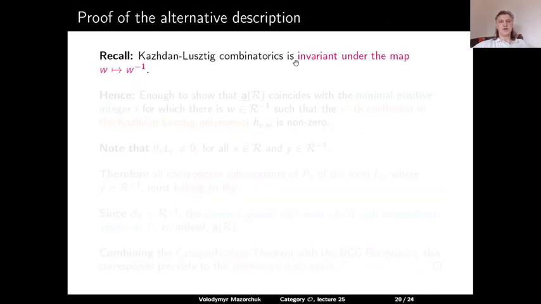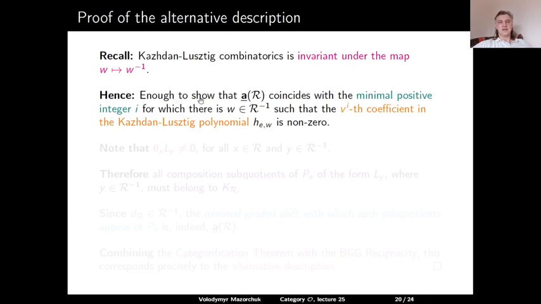Recall that Kazhdan-Lusztig combinatorics is invariant under mapping w to w inverse, and hence it is enough to show that a-underline of R coincides with the minimal positive integer i for which there is w in the left cell R inverse such that the v^i coefficient in the Kazhdan-Lusztig polynomial h_{e,w} is non-zero.